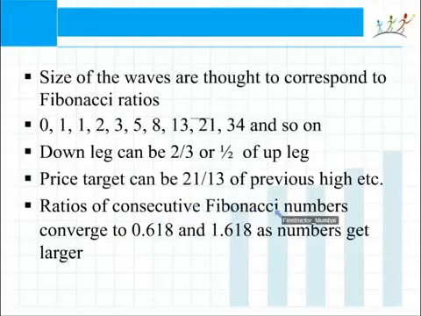The property of the Fibonacci numbers is that as the numbers get larger, the ratio of consecutive terms converge to 0.618 if I take 8/13, that is the previous two terms, or 1.618 if I take the consecutive two terms.